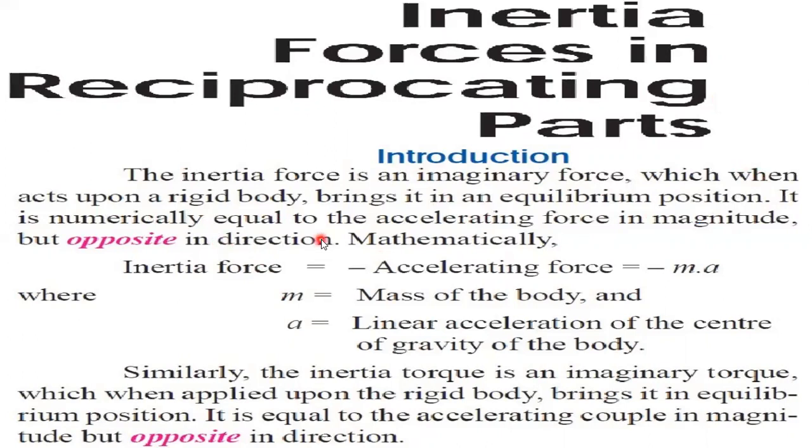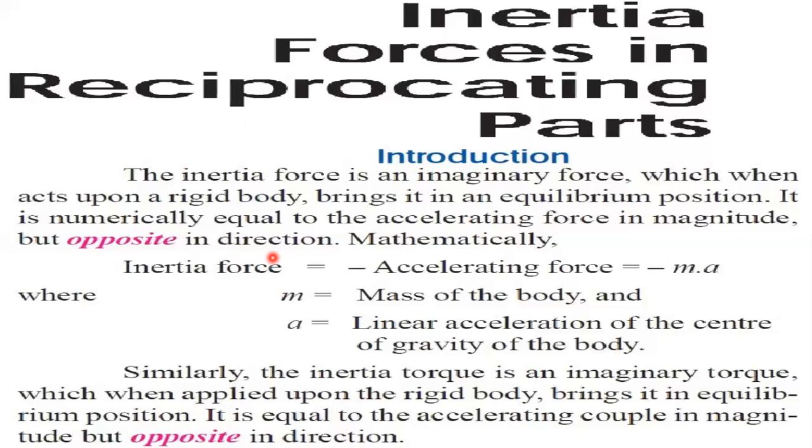It is numerically equal to the accelerating force in magnitude but opposite in direction. Whatever force you apply, it will have the same magnitude, but it will act in the opposite direction.